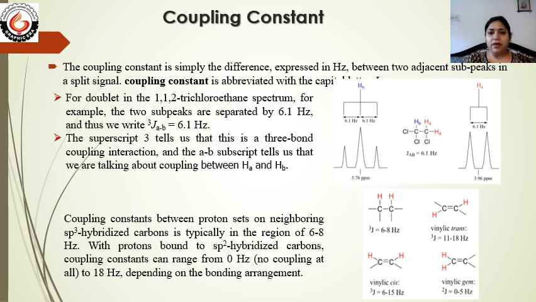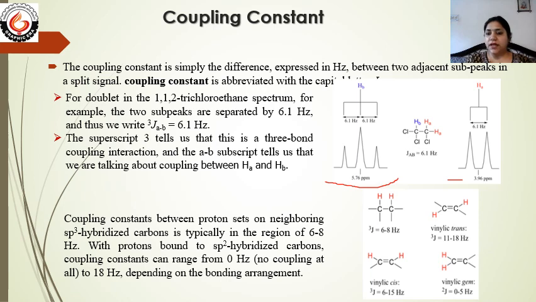Like here the signal is split into a triplet, and the triplet is at 5.76 ppm, and the difference between each signal is 6.1 Hertz. So 6.1 Hertz is the coupling constant. Here also the coupling constant is 6.1 Hertz.